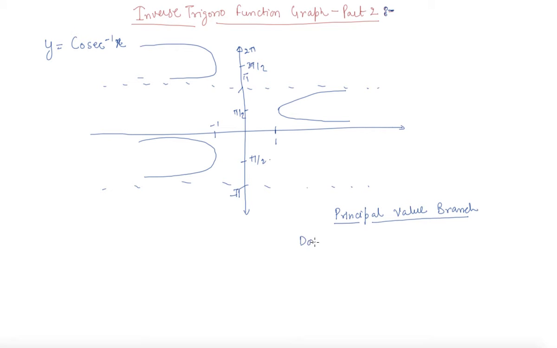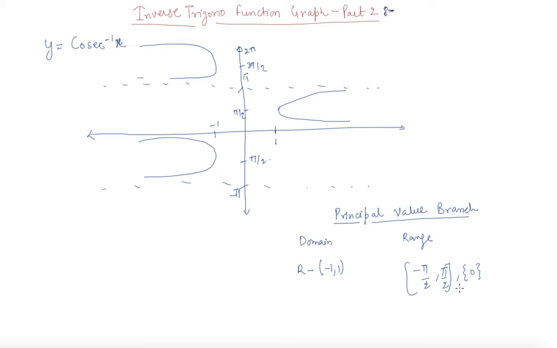Okay, so the domain is R minus open interval minus 1 to 1, because all the values from minus 1 to 1 are not included, and in the range you can say it is minus pi by 2 to pi by 2 closed interval minus 0. Okay, so this is the principal value branch for y is equals to cosecant inverse x.